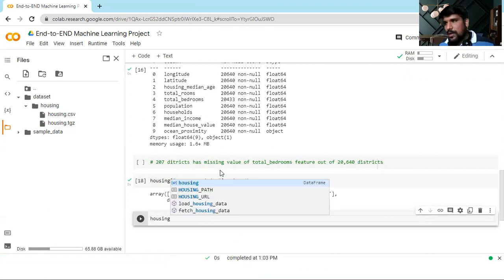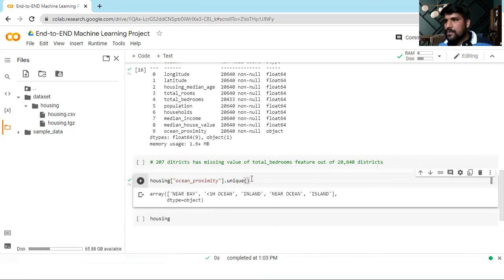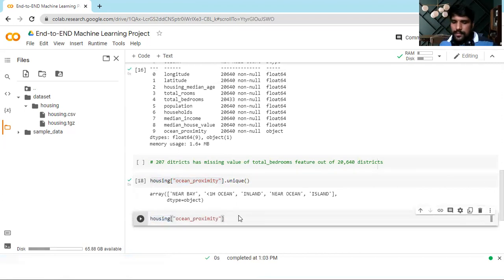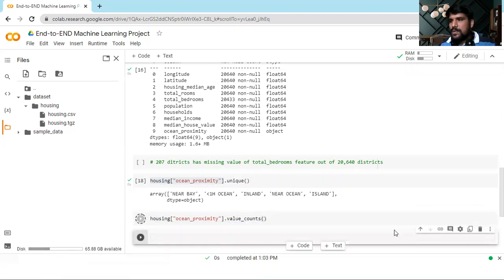How can I get it? Housing, let me copy and paste this, and then I use value_counts.